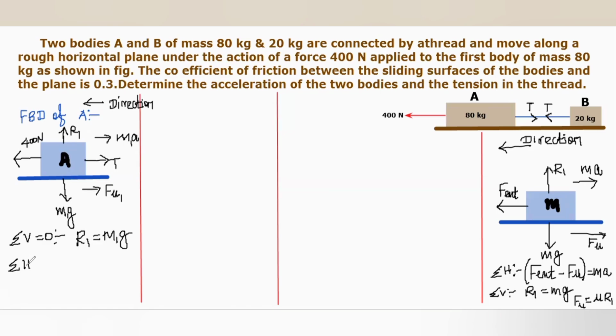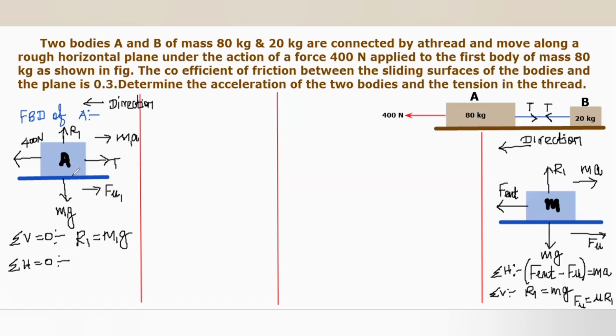Then summation of horizontal forces equal to 0. Here, what are all the horizontal forces acting? 400 Newton, that is acting towards the left side. M1A, that is acting towards the right side. T, tension in the string, that is also towards the right side.